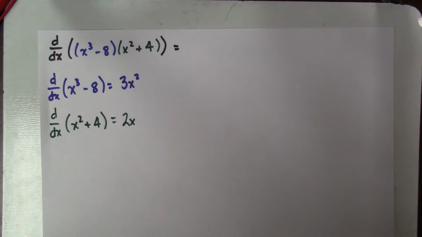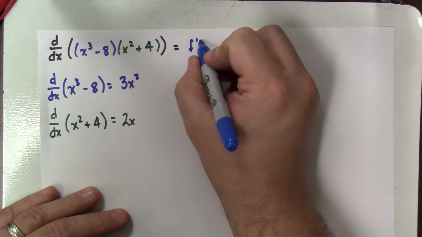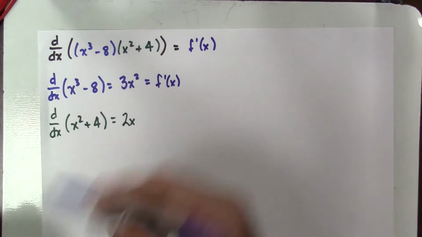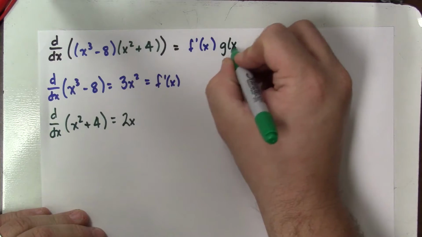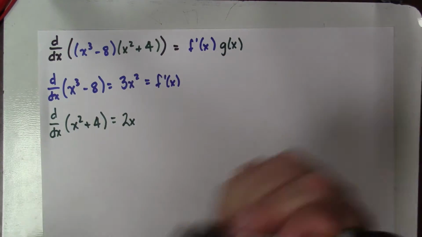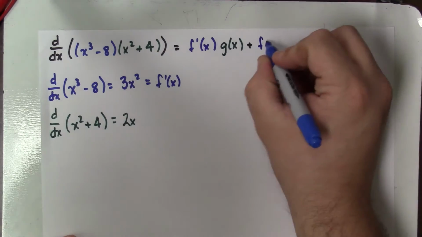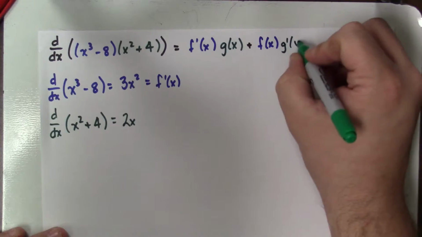Now, we said before that this derivative is f prime of x, which is this term, times g of x, plus f of x times g prime of x.